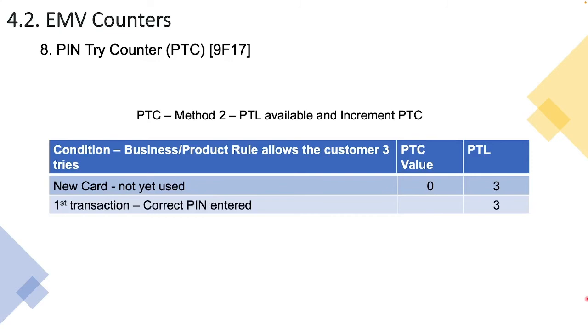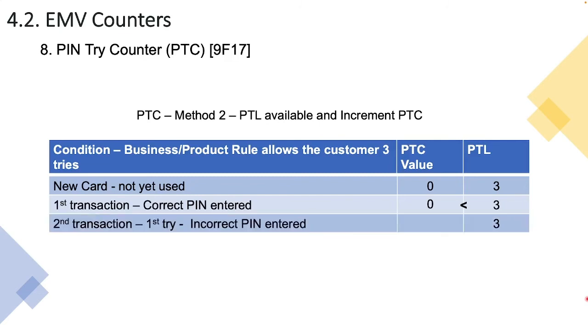So Bob processes his first transaction and enters the correct PIN. Everything is good. The PIN try limit is unchanged, and the PIN try counter value is also unchanged. At this point, the PIN try counter is 0 and it's less than 3, so the card is functioning the way it's supposed to function.